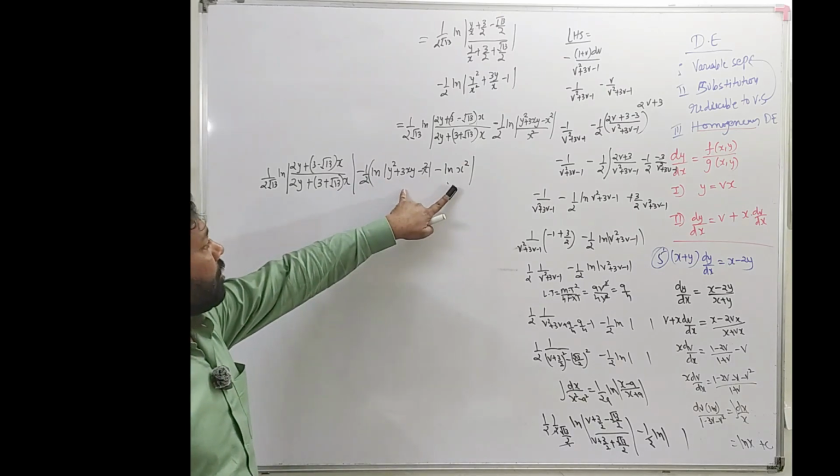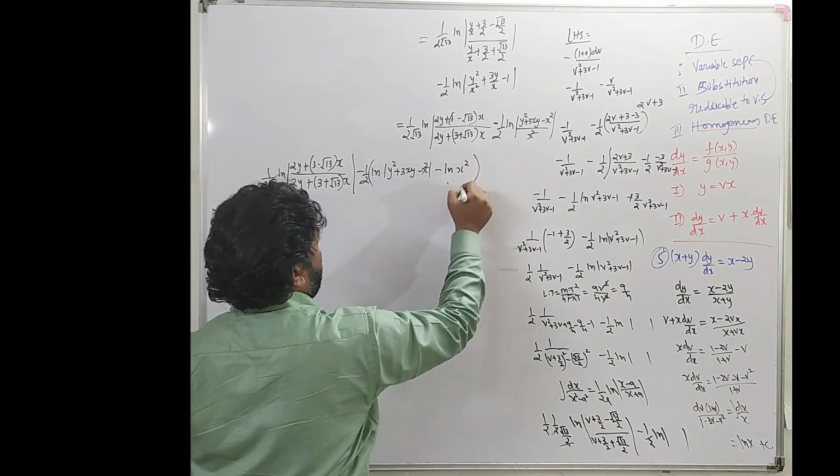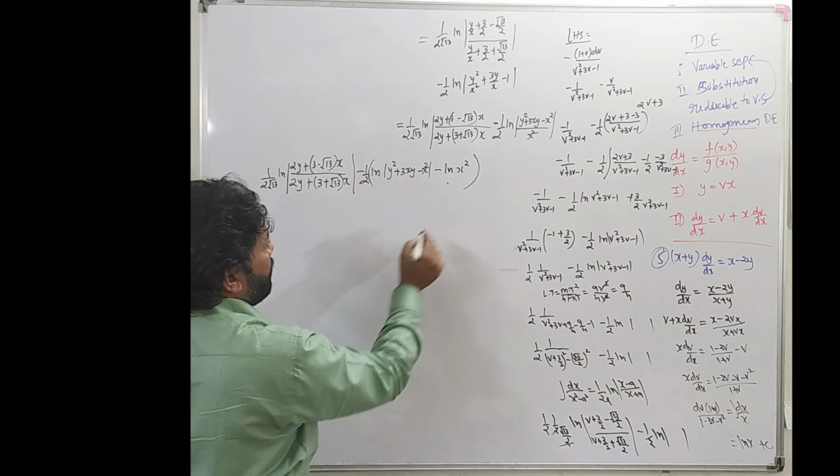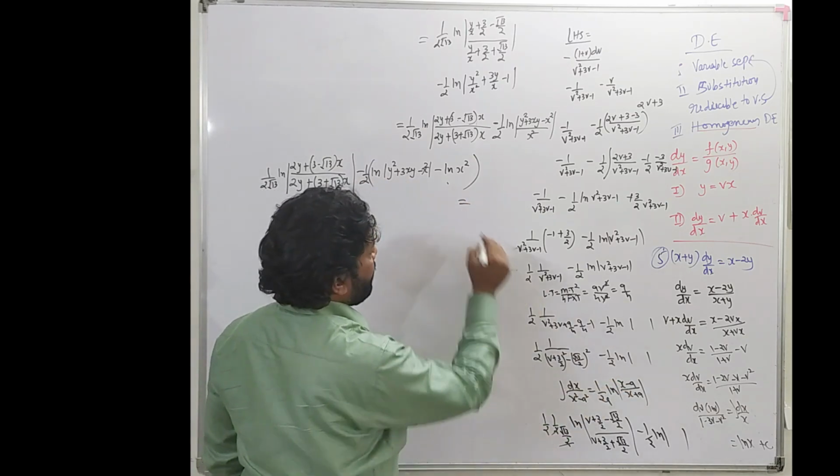This part is in the bracket, so minus half will have to multiply, and right hand side was ln x.